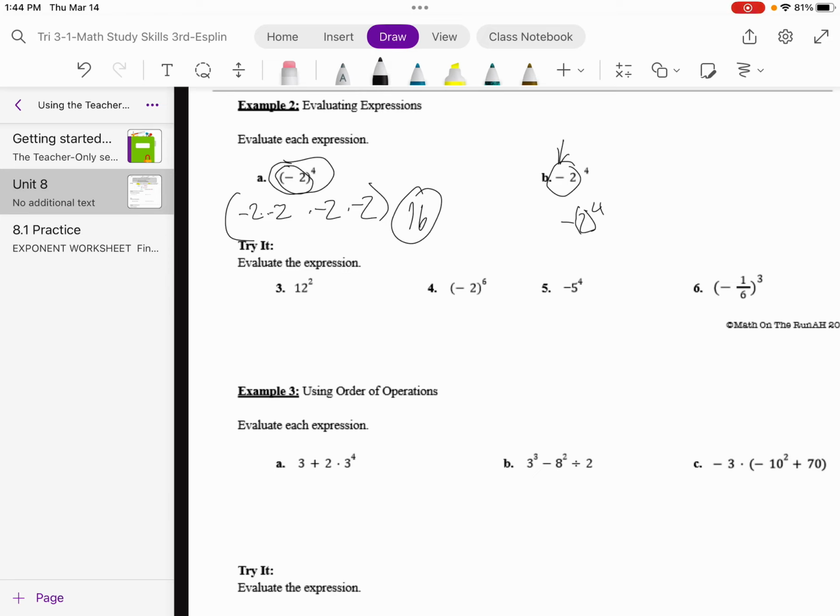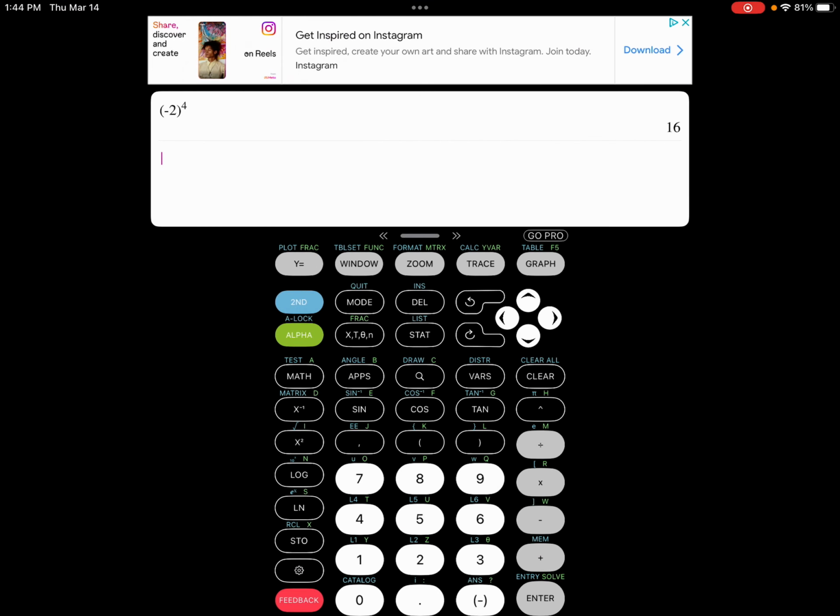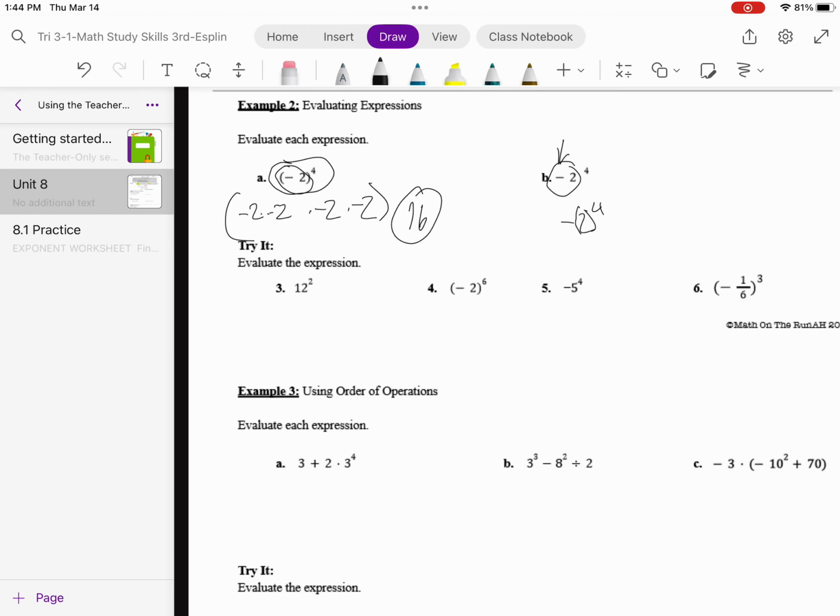So if we put that in our calculator, so we put our negative in first and then parentheses 2 times, and then we do caret 4, and enter, we get a -16 because the negative is on the outside of the parentheses. So it's being multiplied later.